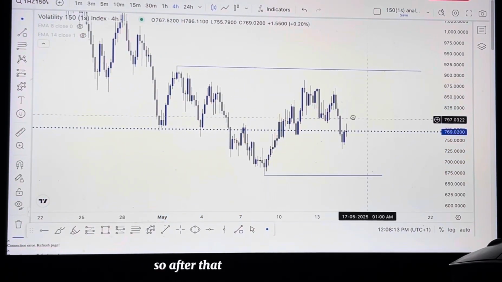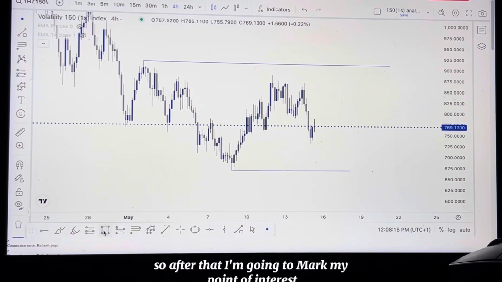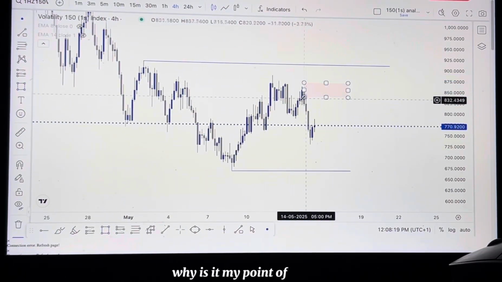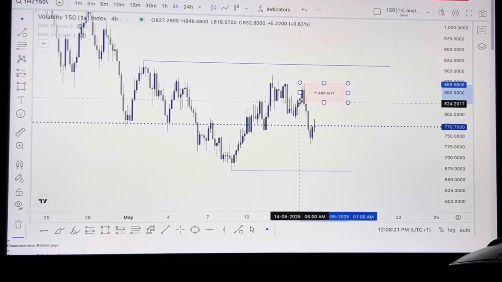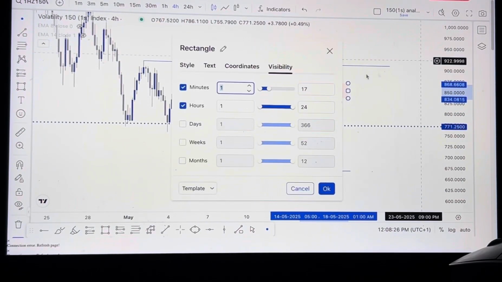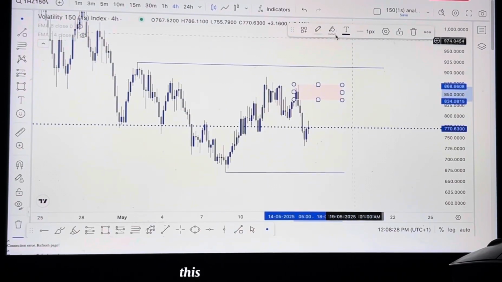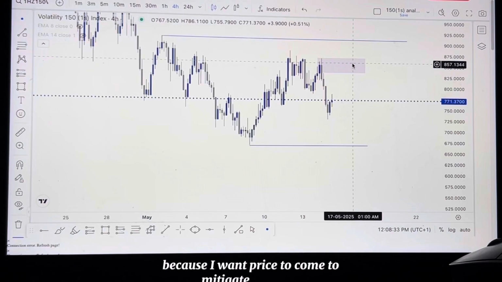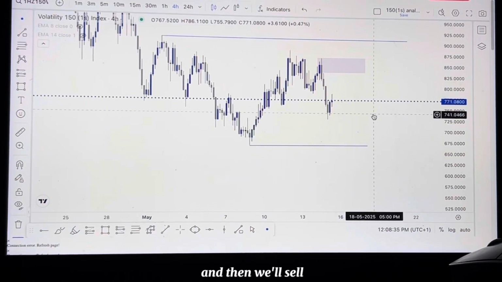So after that, I'm going to mark my point of interest. This is my point of interest. Why is it my point of interest? This is my point of interest because I want price to come to mitigate this zone and then we'll sell.